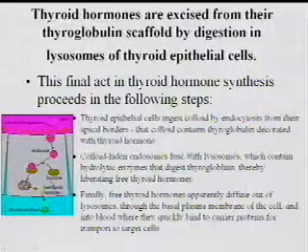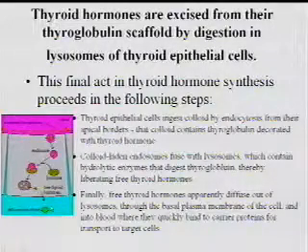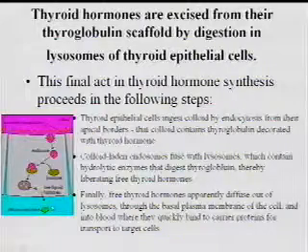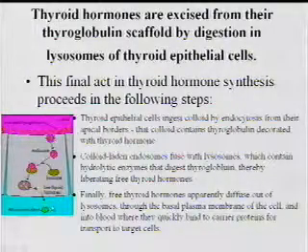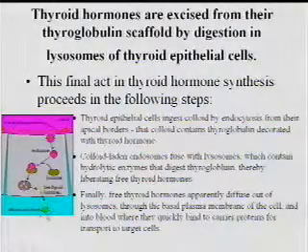As soon as the free thyroid hormones are released, they are diffusible in such fashion that they can diffuse out of the follicular cells at the basal membrane and through the interstitial space to the blood.